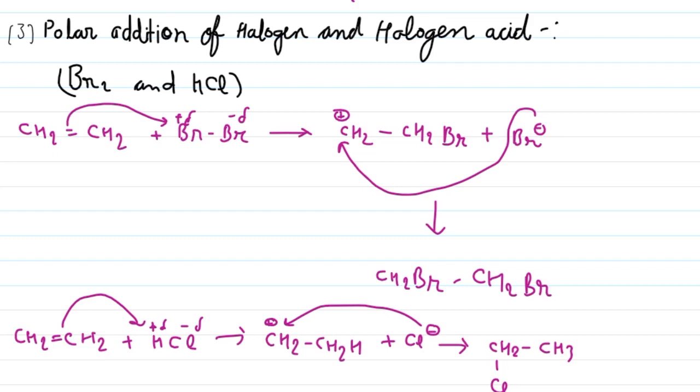In this case, first is the polar addition of halogen and this is the polar addition of halogen acid. In case of trans addition, it is suggested that the first step is the formation of a cyclic halogen ion with bromine.